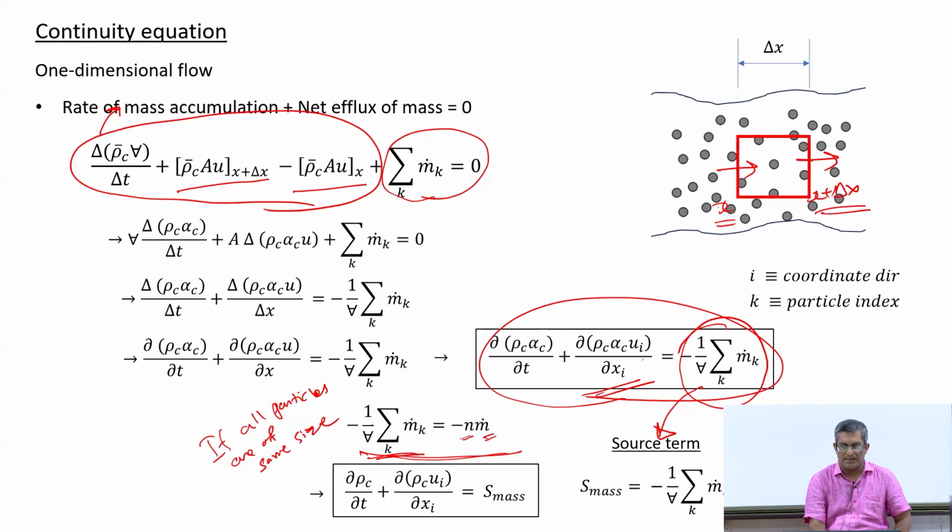So, number density times the rate of change of particle mass. Yeah, so I have written here.